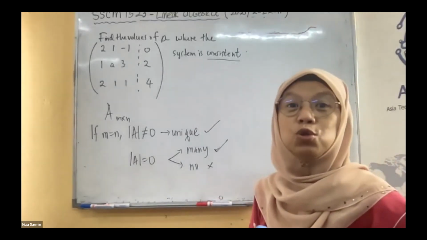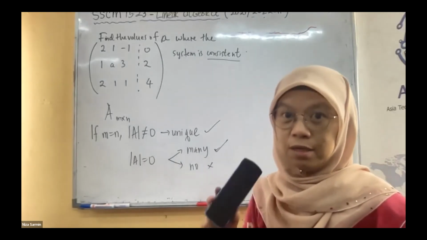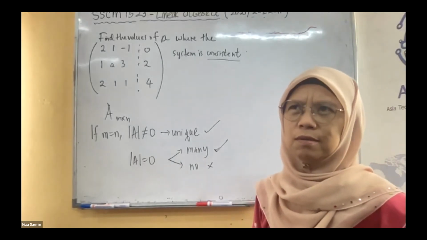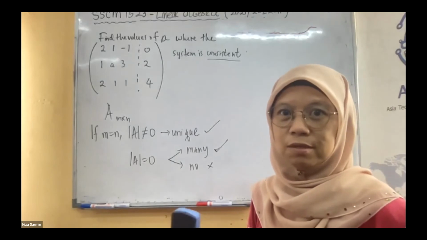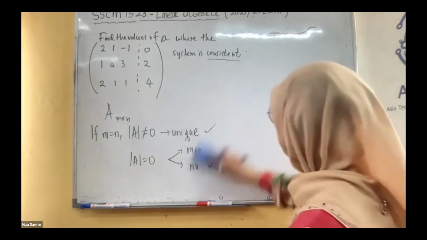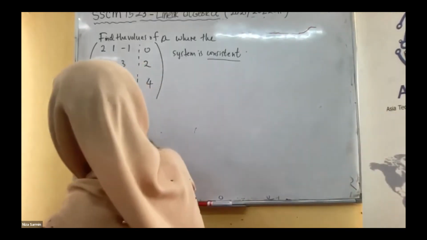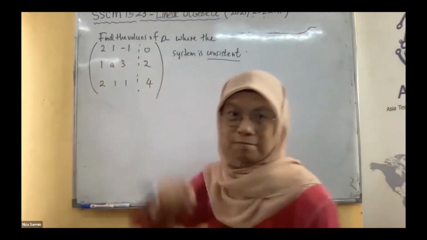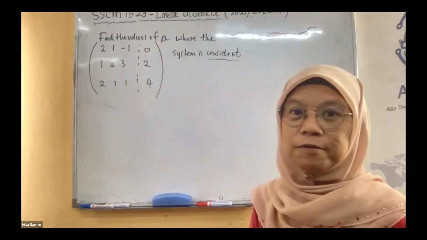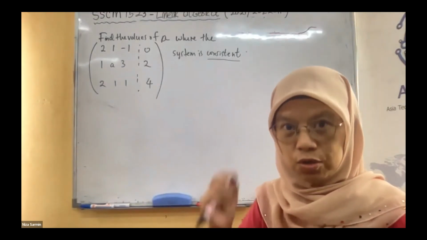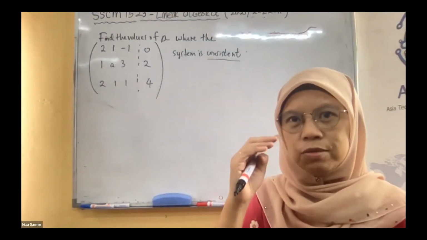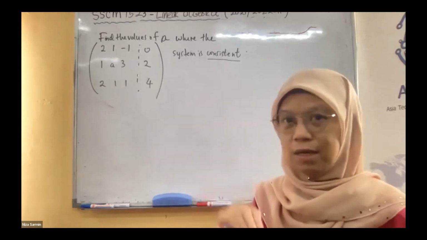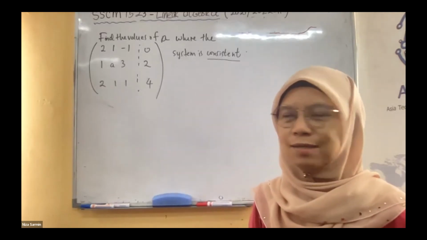Okay, so we have to use the row operation, Gauss or the elimination. Reduce Gauss Jordan. Okay. Now there is an A. We don't know whether A is 0 or not. Okay, so avoid dividing by A because we don't know what A is.